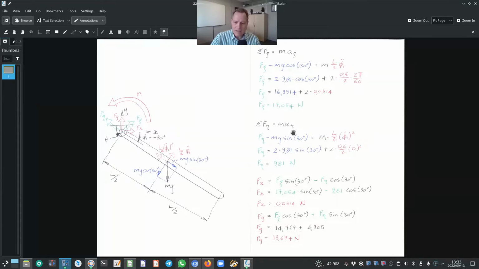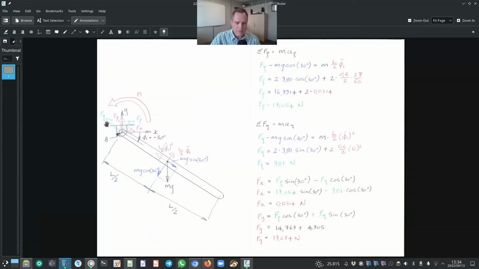Similarly, we can take sum of the forces in the eta direction. That equals mass times the acceleration in the eta direction. So the forces acting in the eta direction is this force indicated here in green on the diagram.